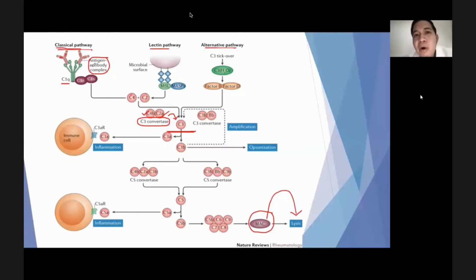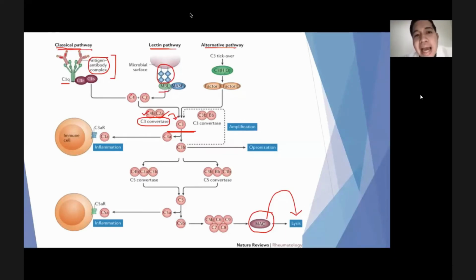So kung yung classical pathway po nag-i-start sa formation ng antigen-antibody complex, ang lectin pathway naman po nag-i-start siya, okay, from the detection of polysaccharides in the microbial surface, detection of these polysaccharides by your MBL. What is MBL?